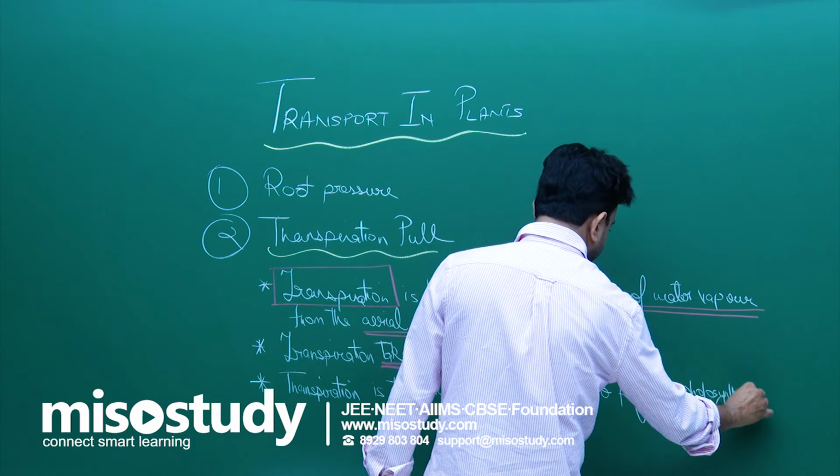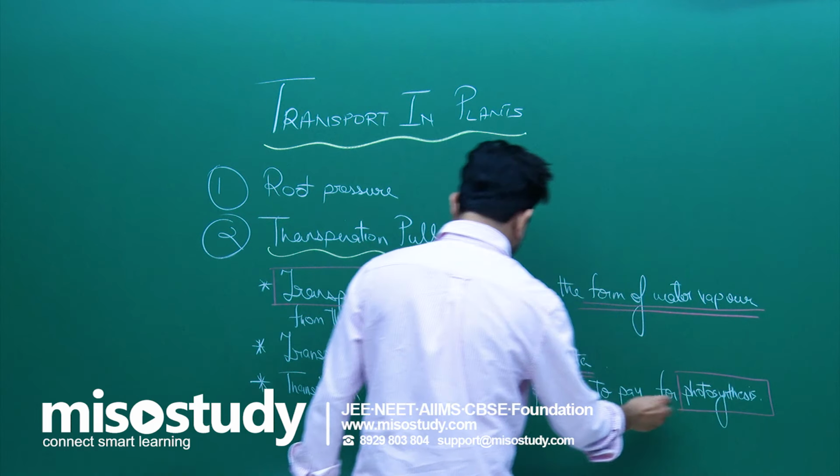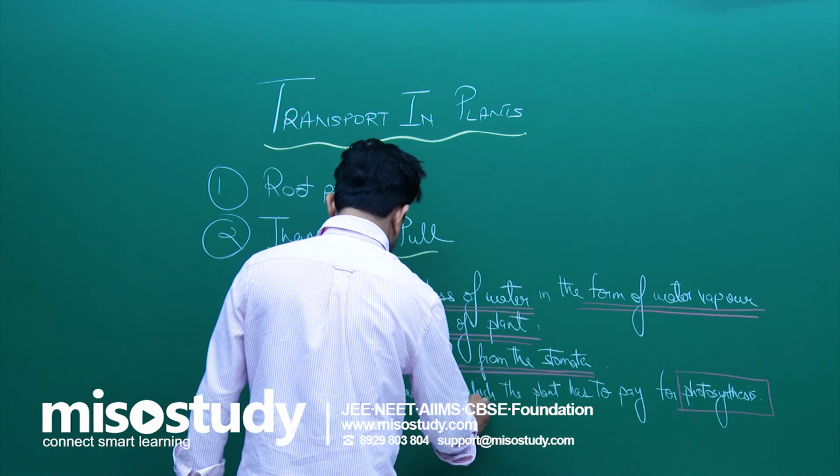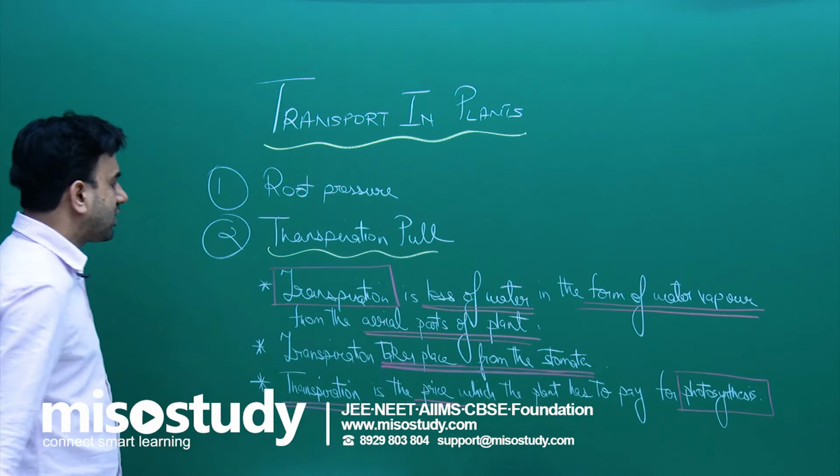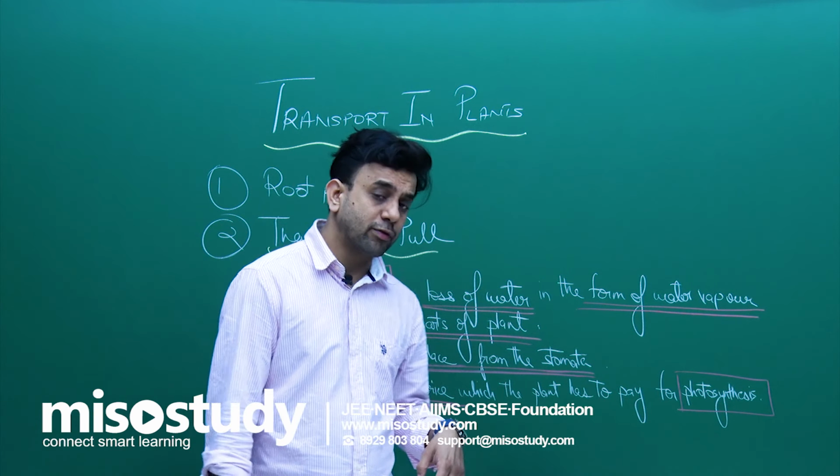Okay. So transpiration is the price which the plant has to pay for photosynthesis, and transpiration is loss of water from the aerial parts of the plant. Transpiration takes place from the stomata, and it is the price which the plant has to pay for photosynthesis.